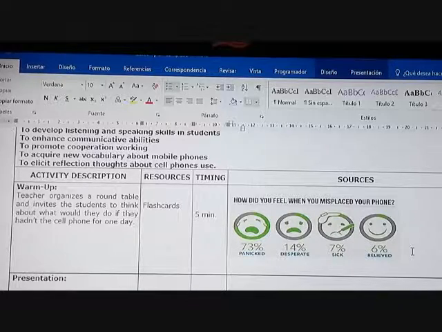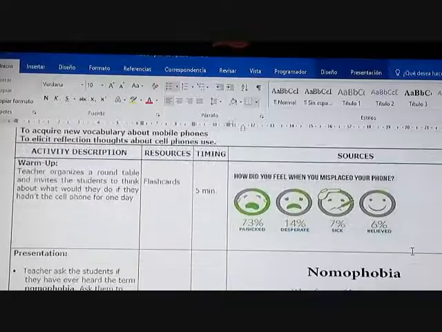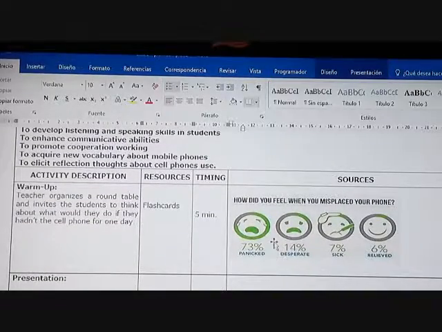You can see the flashcard shows that 73% are panicked or afraid for not having the cell phone with them.